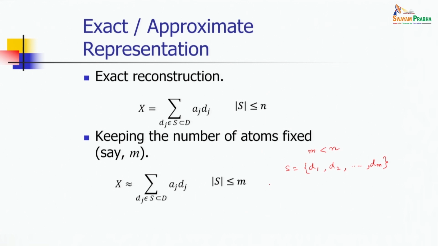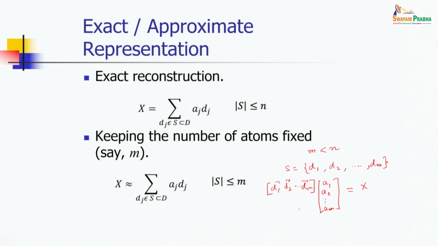As I wrote that equation previously, these vectors form the columns, and this is the coefficient with respect to each column vector, giving me the representation x.